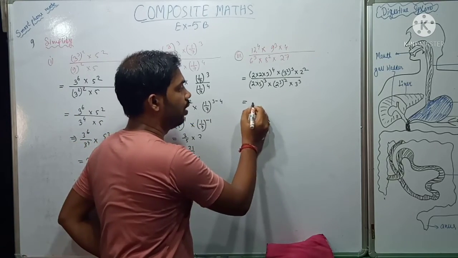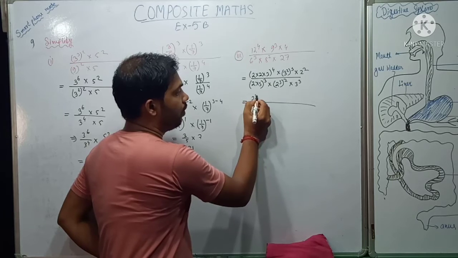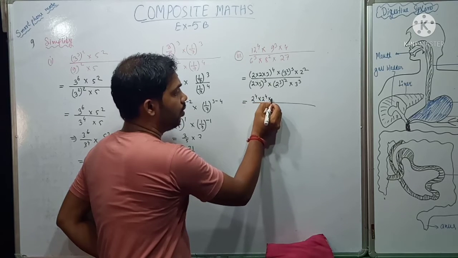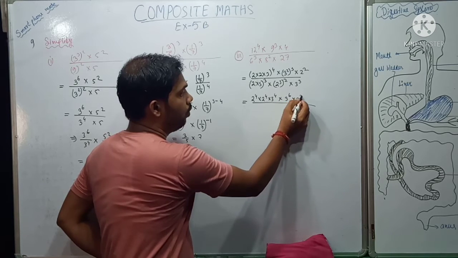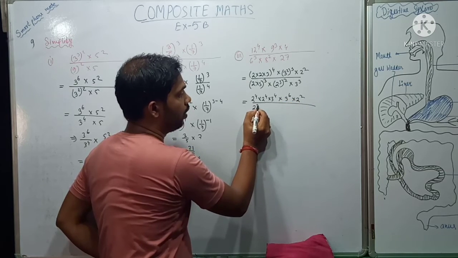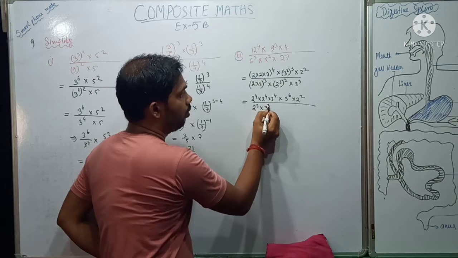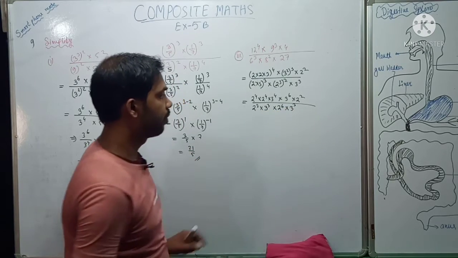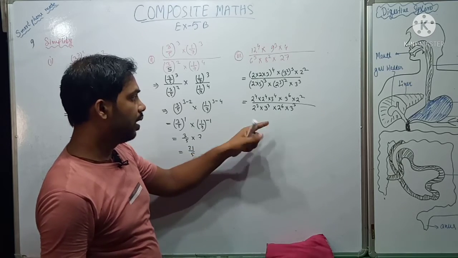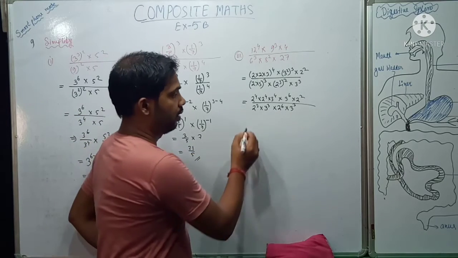So this one will be 2 power 4 into 2 power 4 into 3 power 4 into 3 power 6 into 2 square, divided by 2 cube into 3 cube into 2 power 6 into 3 power 3. Now we will arrange 3 and 2 on one side.